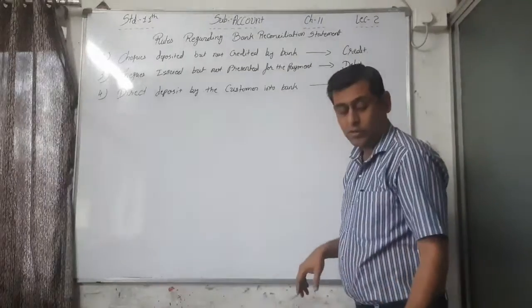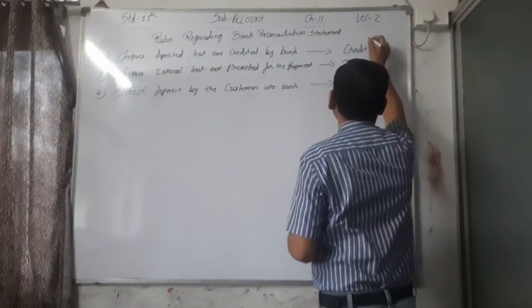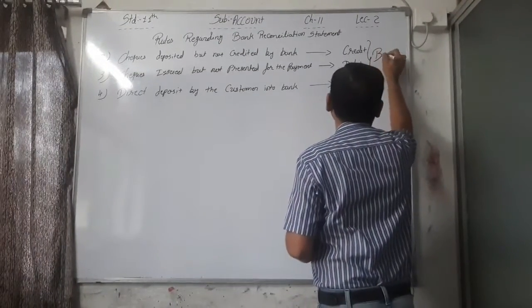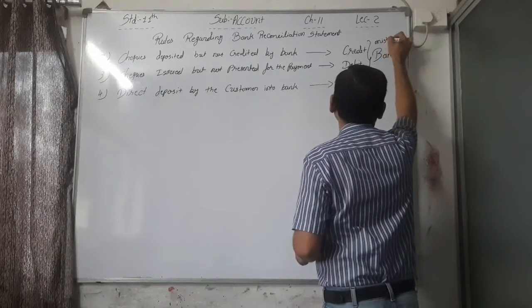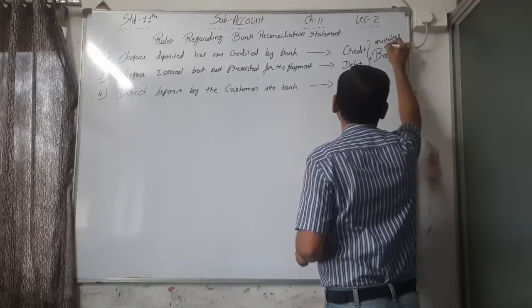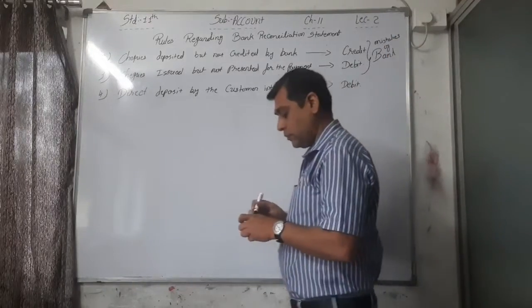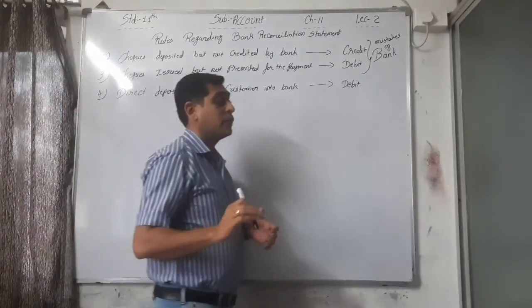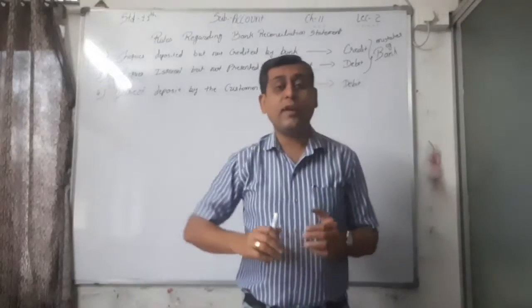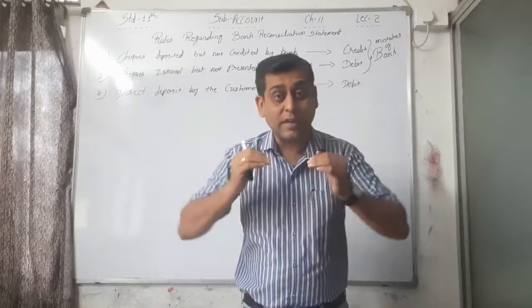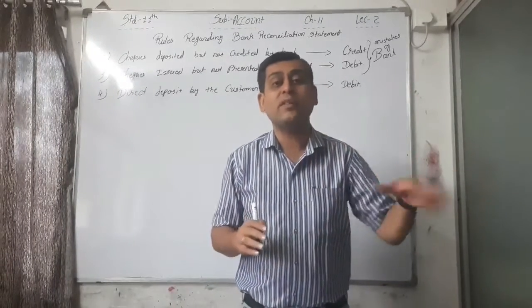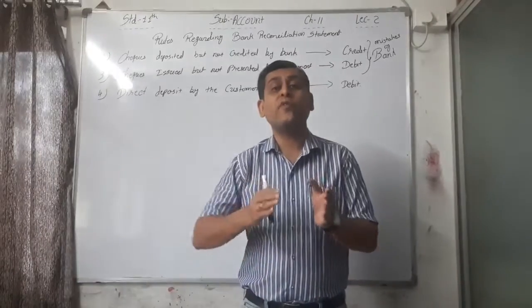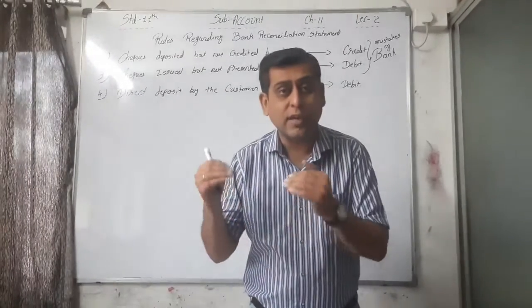Okay, so here see the difference. Mistakes of bank. It's not the same mistake, this is the procedure, but here if the trader is recording that in the cash book, and bank has not recorded, that is a mistake by the bank. Okay, so we have to do the opposite of whatever was done in the cash book.